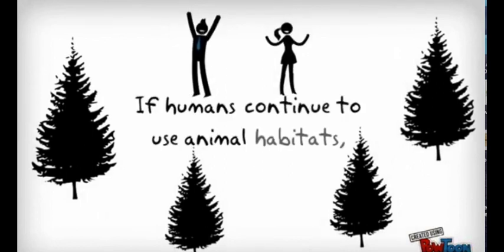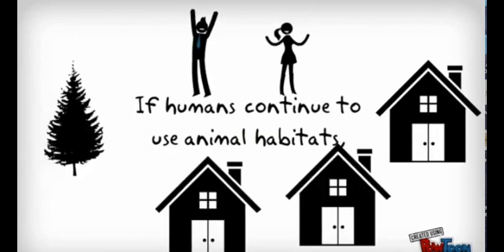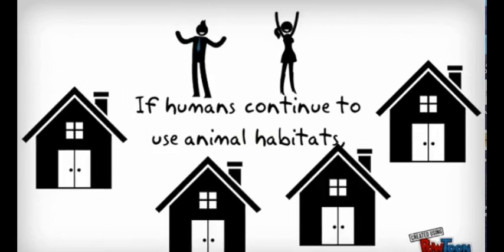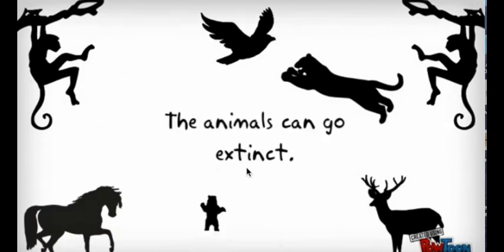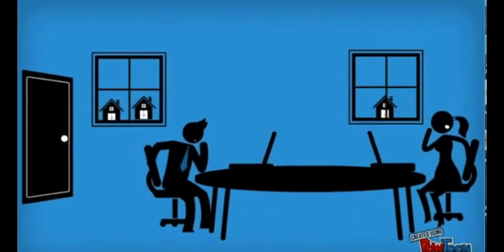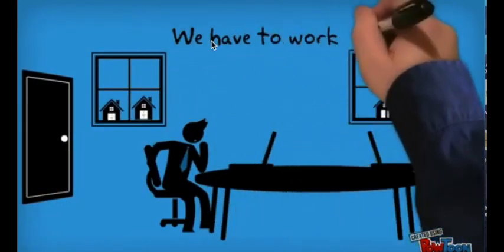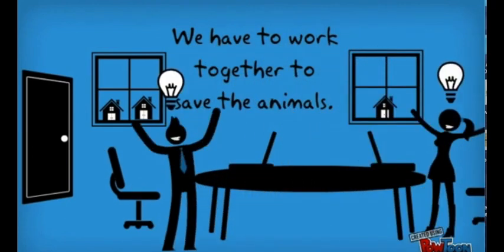If humans continue to use animal habitats, then what is the result? All these animals can go extinct or wipe out. So what do we have to do? We have to work together to save the animals.